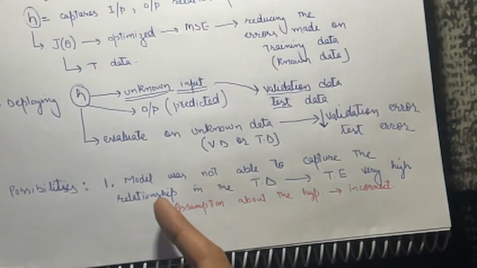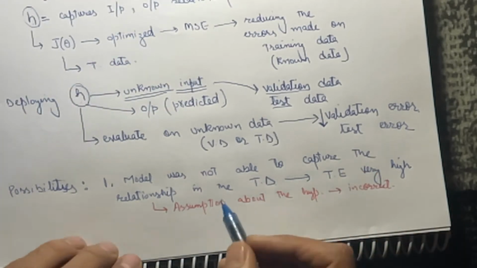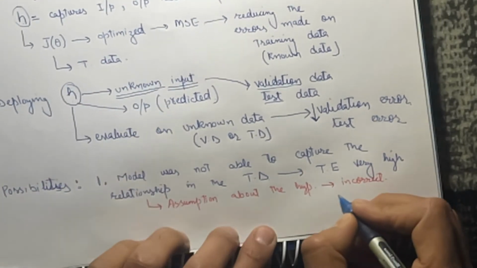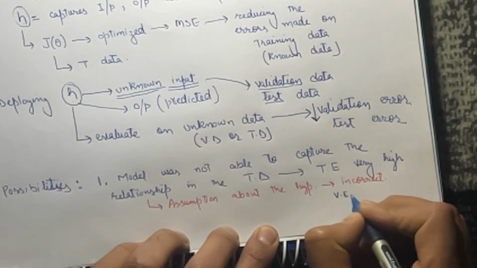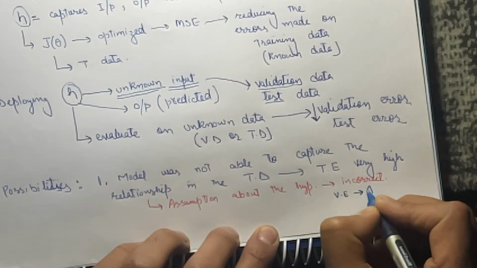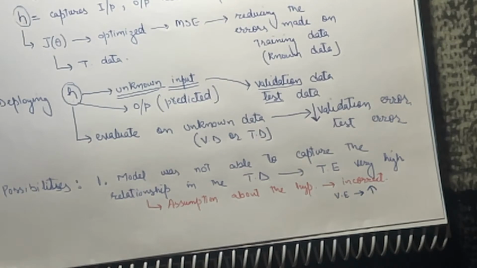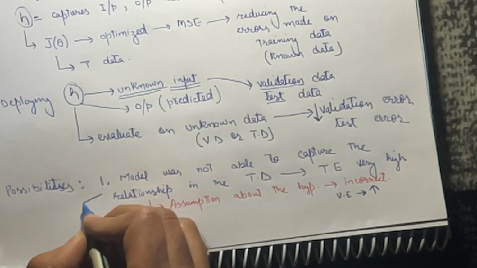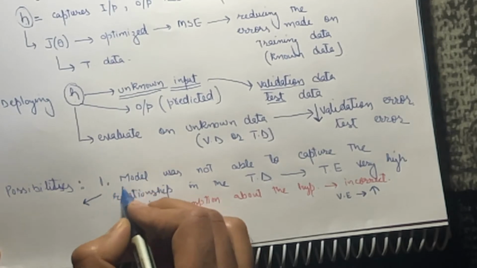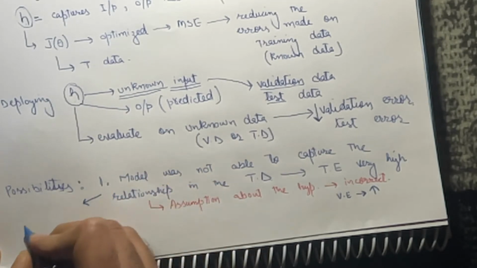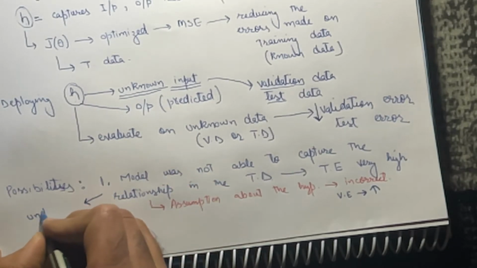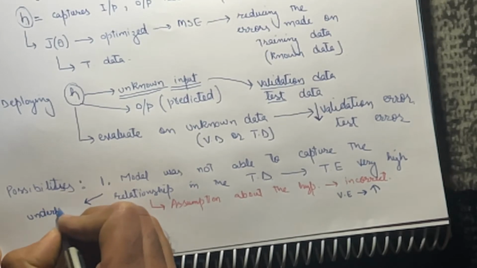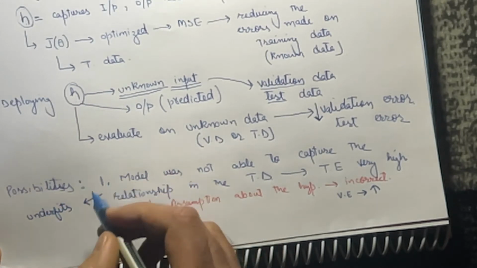In this scenario, both the training error as well as the test error, or we can say validation error, will be very high. In this scenario, we will say that the machine learning model that we have chosen underfits. This is also called underfitting.